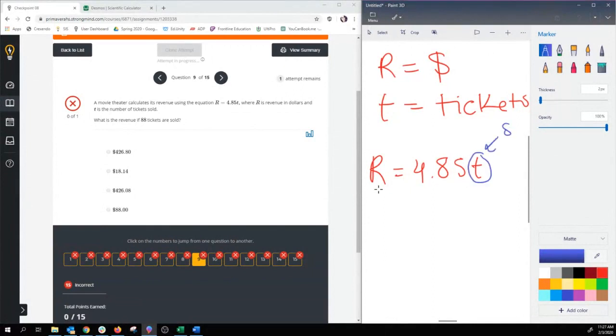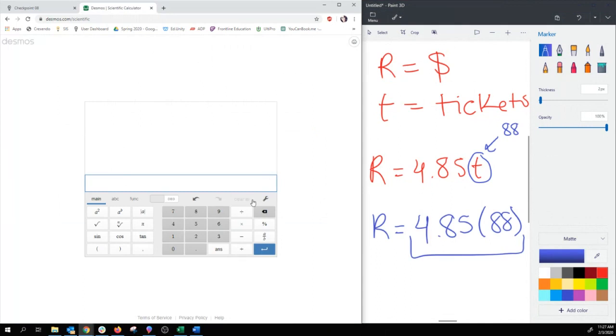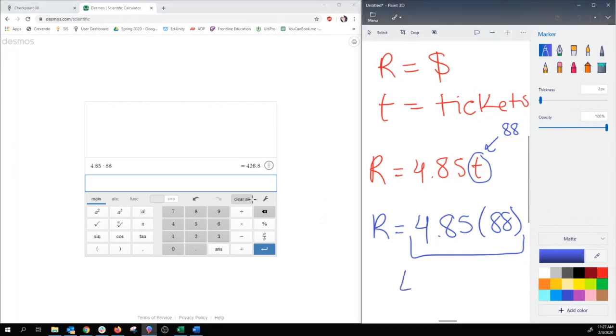So where T is, I'm going to replace it with 88. So like Chelsea said, what we're going to do here is multiply. So this right here is what we're going to multiply. 4.85 times 88, which tells us how much total revenue the company brought in.